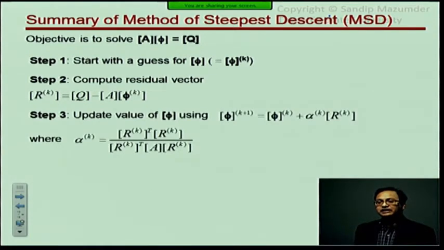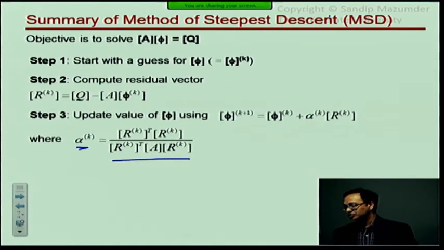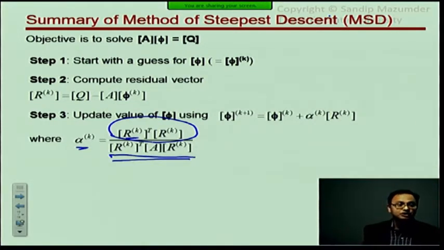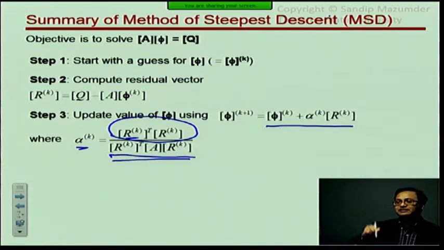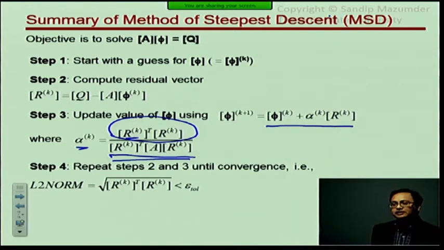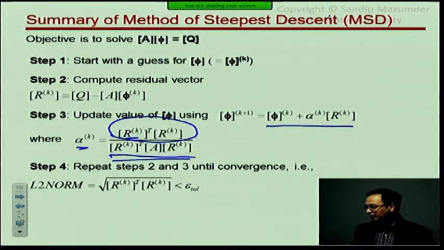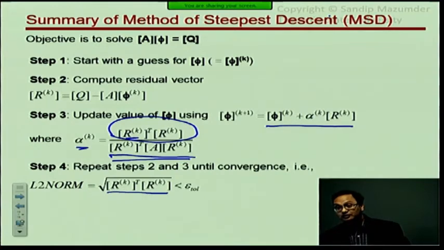I first calculate my alpha using this relationship. I have already calculated my residual, so all I'm going to do here is a dot product, and then here it will involve multiplication with A. Calculate my alpha. Once I get my alpha, I update my new value, that's my next value of phi, and then I keep repeating the process. And of course I have to check my L2 norm, which, by the way, you've already calculated here, so do not repeat that calculation. Just store that value.